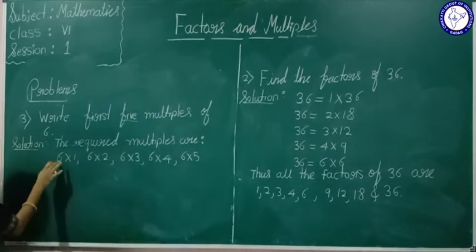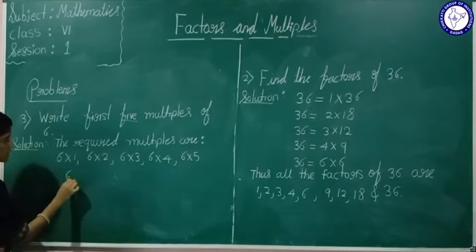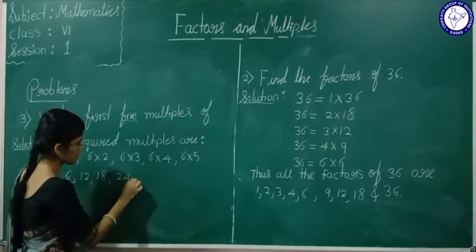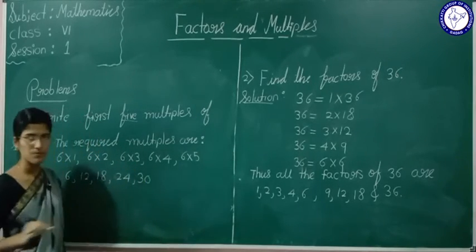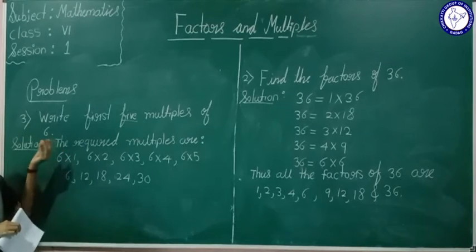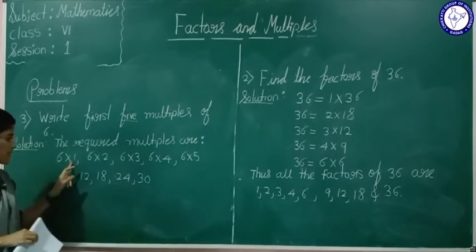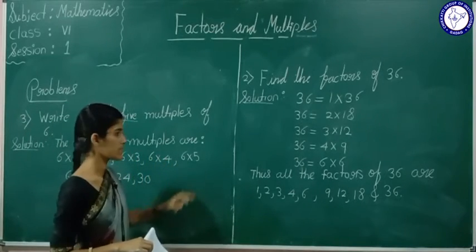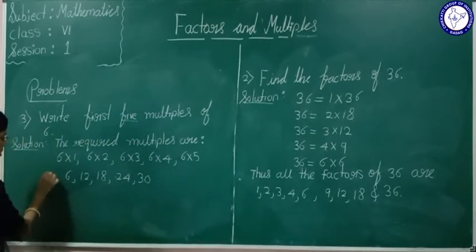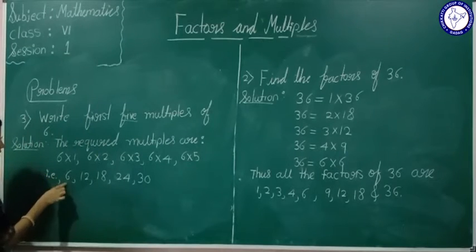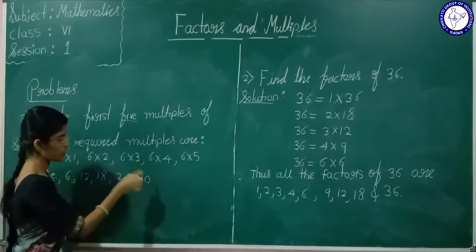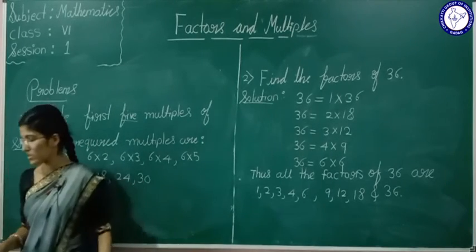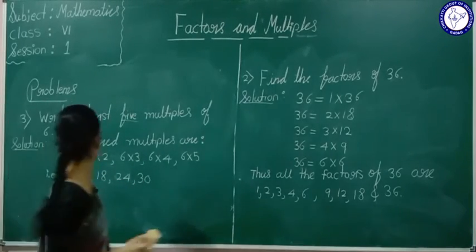So what are those? 6, 12, 18, 24, 30. So this is how to write the first 5 multiples of 6.